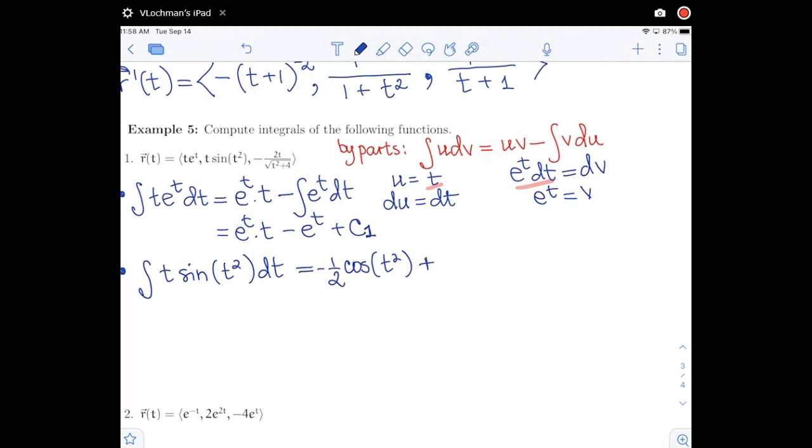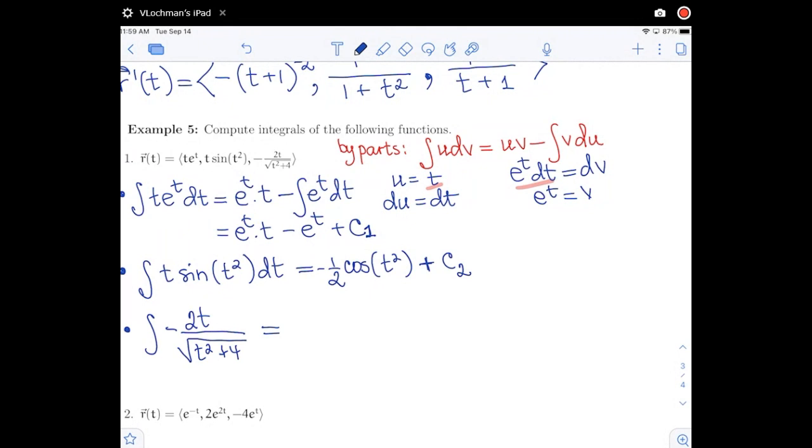We do not forget about C2. That's our antiderivative for the J component. And what about the K component? That's the integral of negative 2t over the square root of t squared plus 4. Again, this is another u substitution problem.